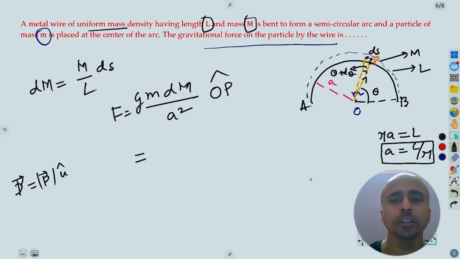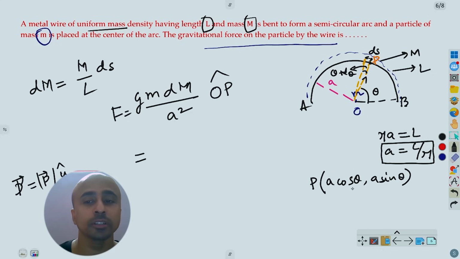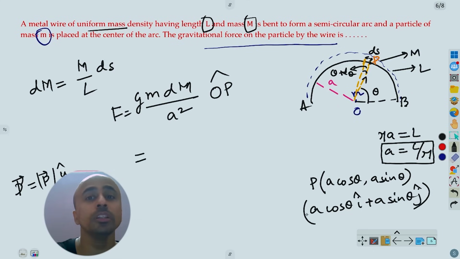If we consider P, since this is a circular wire, we can consider the coordinate of P as a cos theta, a sin theta, and therefore the position vector OP will be a cos theta i cap plus a sin theta j cap. But we need a unit vector, so since it is OP cap, there will be no a here.